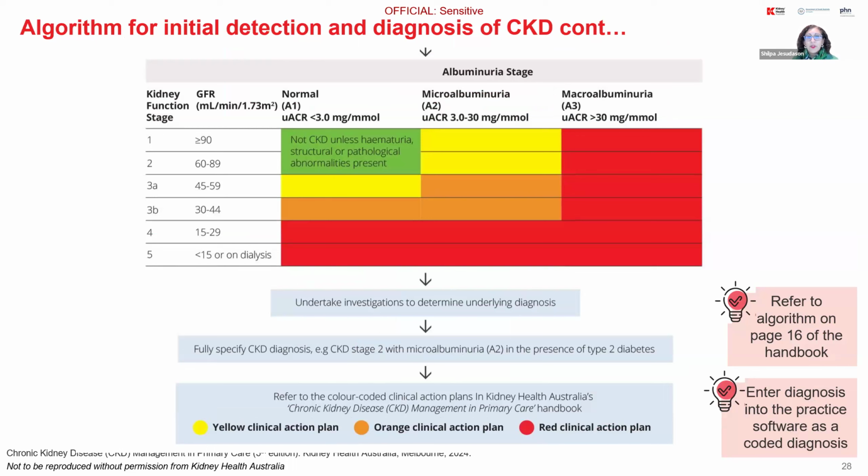So people who are in the green don't have CKD unless you've got other evidence. The yellow, the orange, the red are progressive stages of risk, and they link very nicely to the clinical action plans in the KHA management handbook. Okay, so all of this is in the handbook, and it really does take you step by step through this staging of CKD.